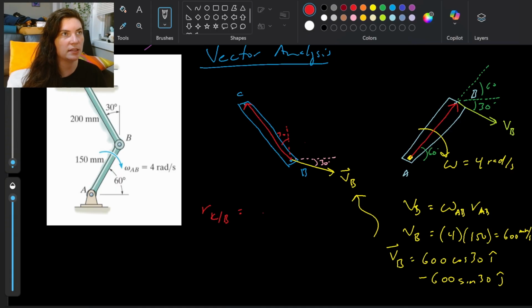So my x component is in the negative x direction for this vector, so negative 200 times sine 30 i hat. And then we're in the positive y direction, positive 200 cosine 30 for that y component.